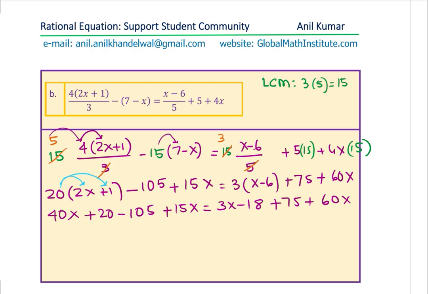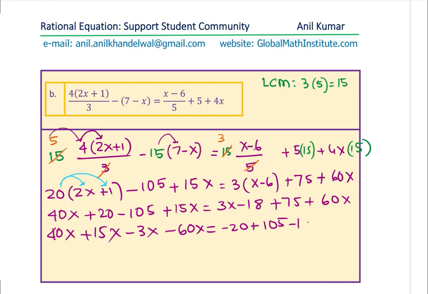So we have just opened the bracket, and now the idea is to bring the variable terms on one side. So we have 40x, another variable term is 15x, and then we have minus 3x, and then we have minus 60x. And these constant terms I'm taking on the right hand side, minus 20 plus 105.